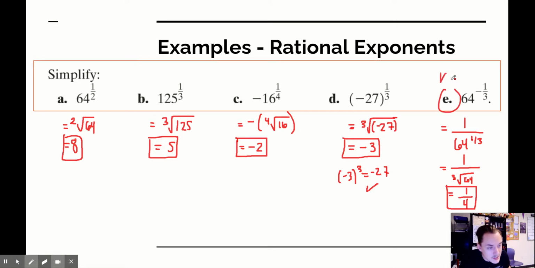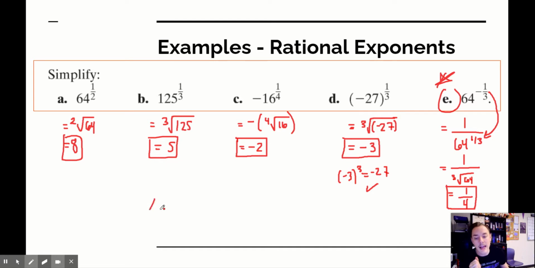This one in particular is usually the one that students get hung up on because they forget the negative, or they forget that negatives bring it down below. When this happens, it goes into the denominator, but notice there is no more negative. Okay, the negative is gone, and that's what you want. Okay, you want to get rid of the negative, so you put the whole thing underneath in the denominator, and that's what makes it.